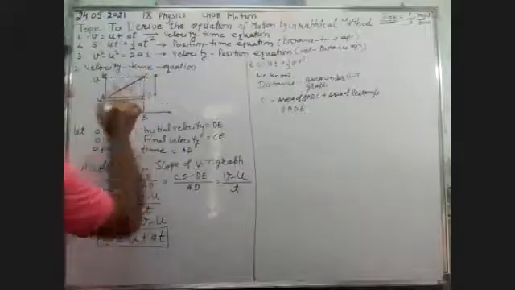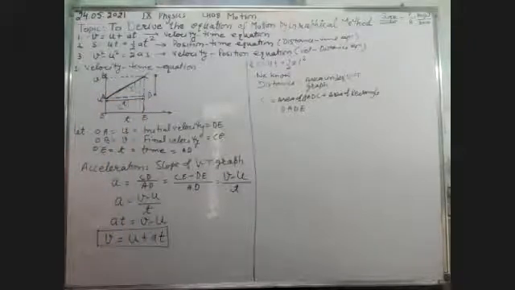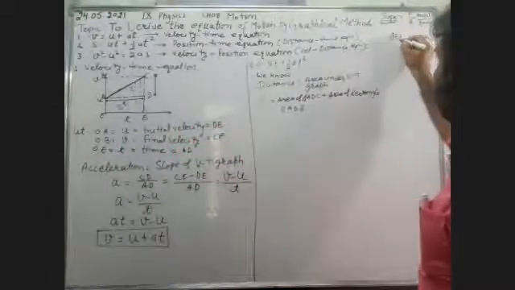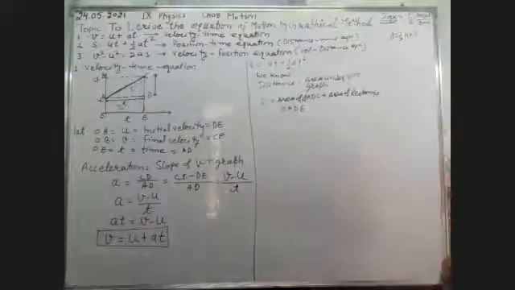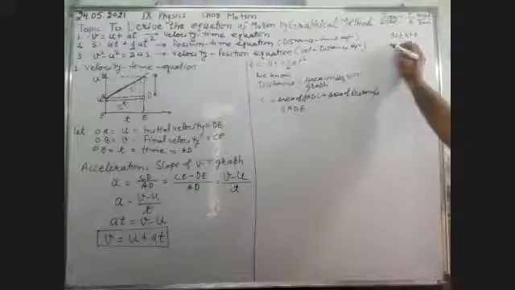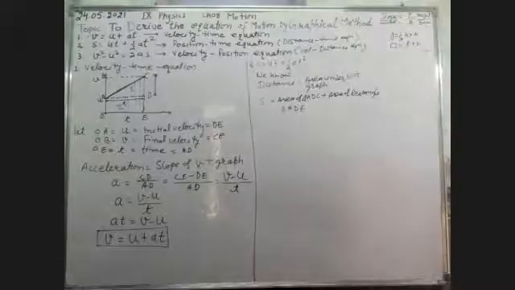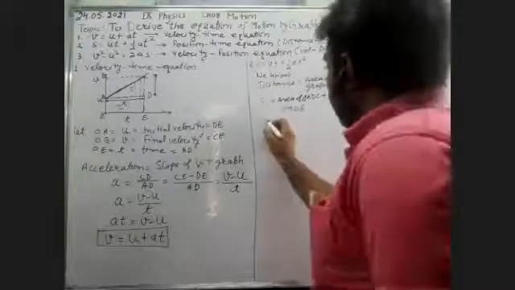So to calculate this area, we have to calculate the area of this triangle plus the area of this rectangle. And students, you know very well that the area of a triangle is 1/2 height into base. And what is the area of a rectangle? Area of a rectangle is length multiplied by breadth.